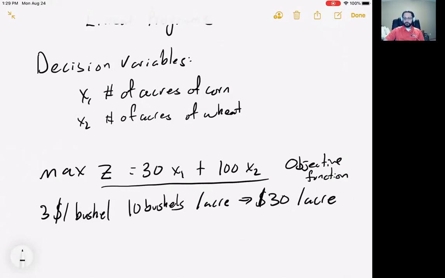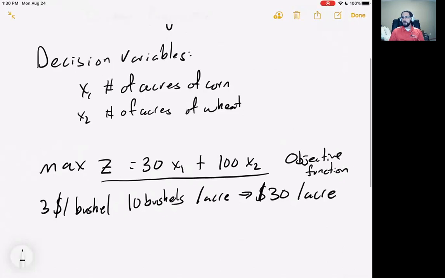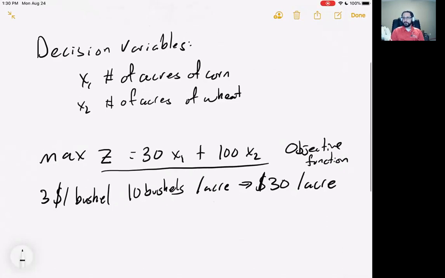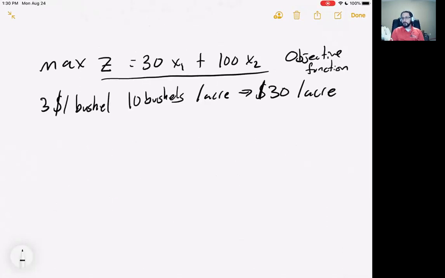Taking into consideration the other restrictions upon the results of this problem, we come up with three expressions in a similar manner. 4x1 plus 10x2 less than or equal to 40.